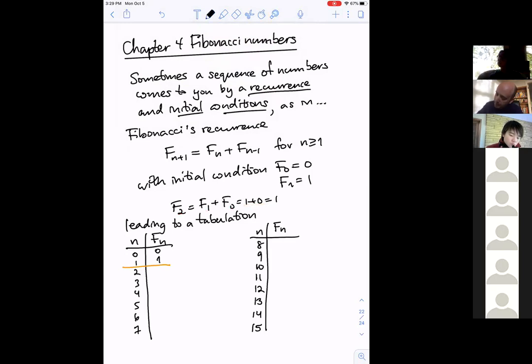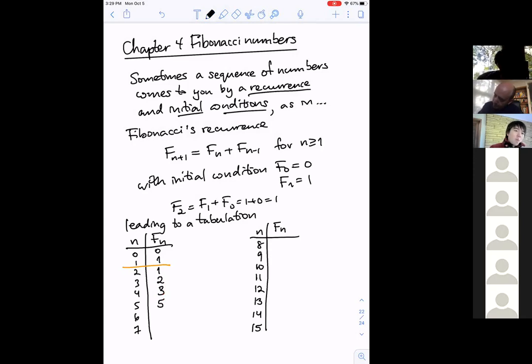So we add 0 and 1, and we get 1. To get F sub 3, I add the 1 and the 1, so I get 2. To get F sub 4, I add the 1 and 2, so I get 3. It's looking like it's 1, 2, 3 for a while, but that's not the way it goes. It doesn't go 1, 2, 3, 4. Next one is going to be 2 plus 3. F sub 5 is 5.